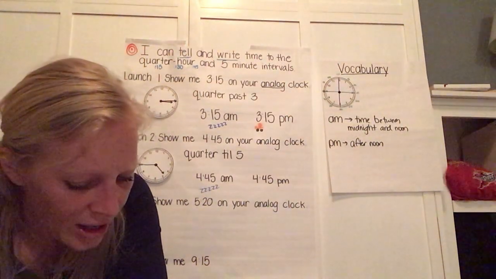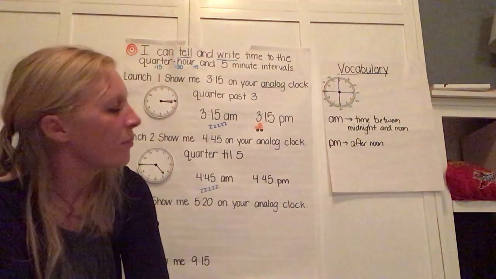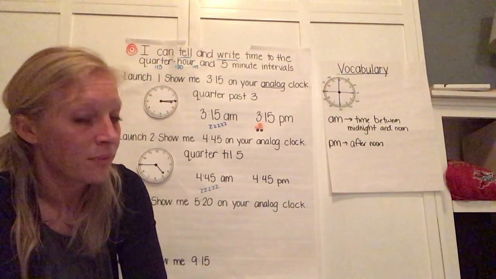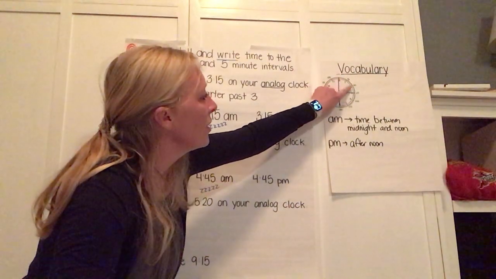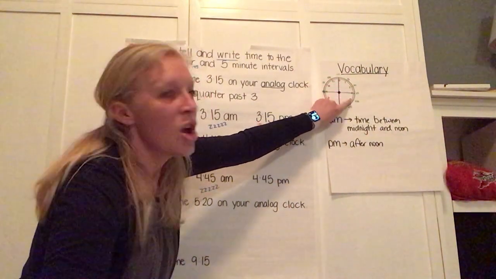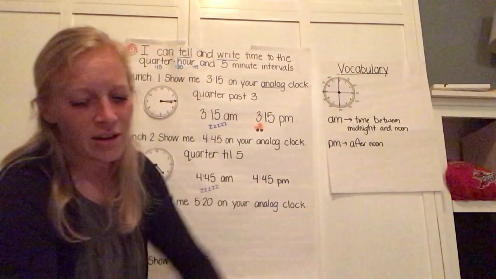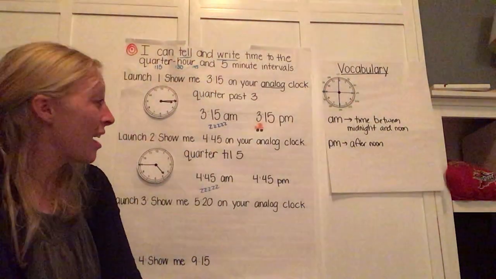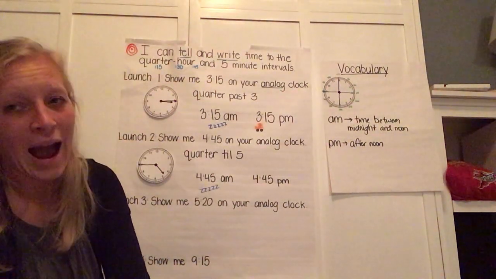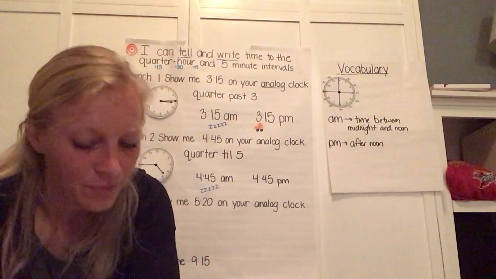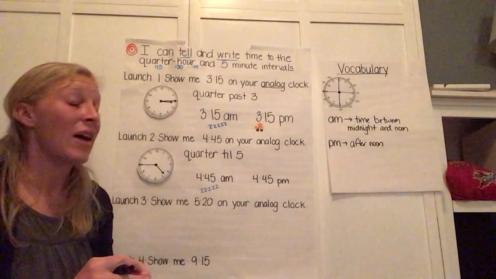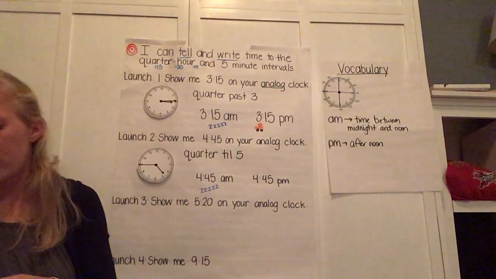Why is your minute hand on the 4? 5, 10, 15, now, if it's 5:20, where is your hour hand going to go? Is it closer to the 5 or is it closer to the 6?